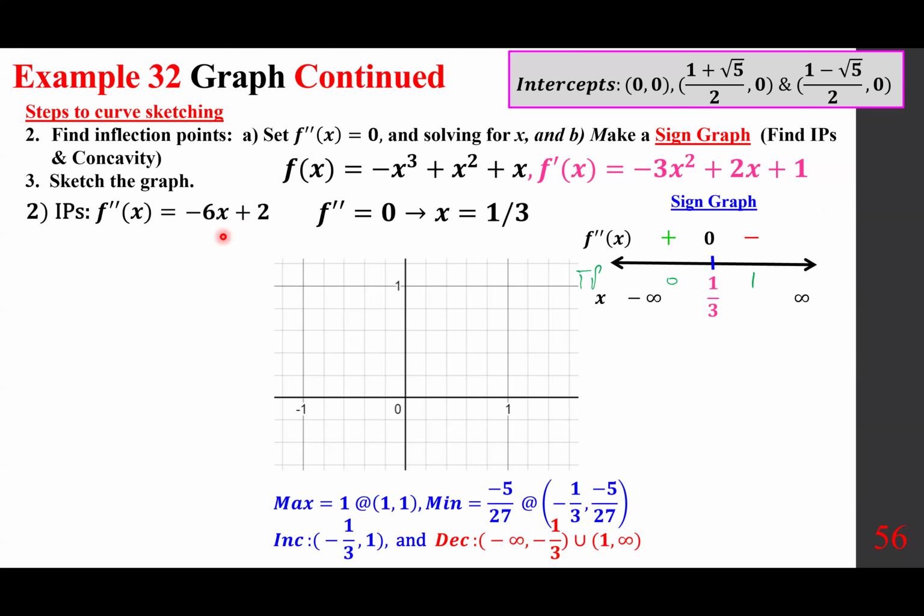If you have doubts, put 1. You get negative 4. So because of the change, this is the point of inflection. Because this is positive, it's concave up here from negative infinity to 1/3. Because it's negative here, it's concave down from 1/3 to infinity.